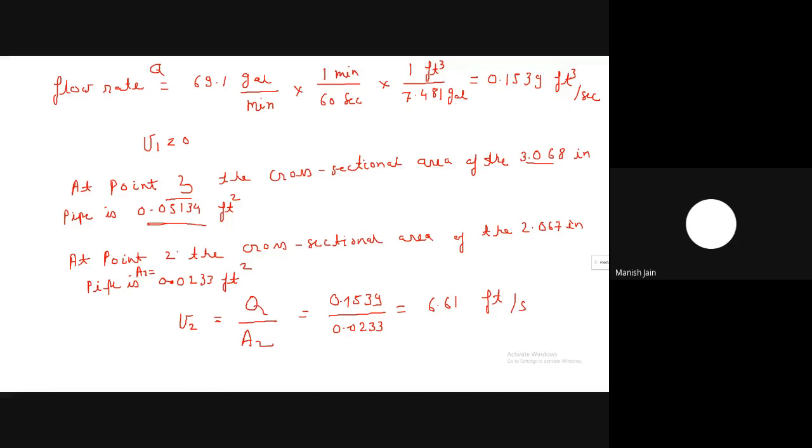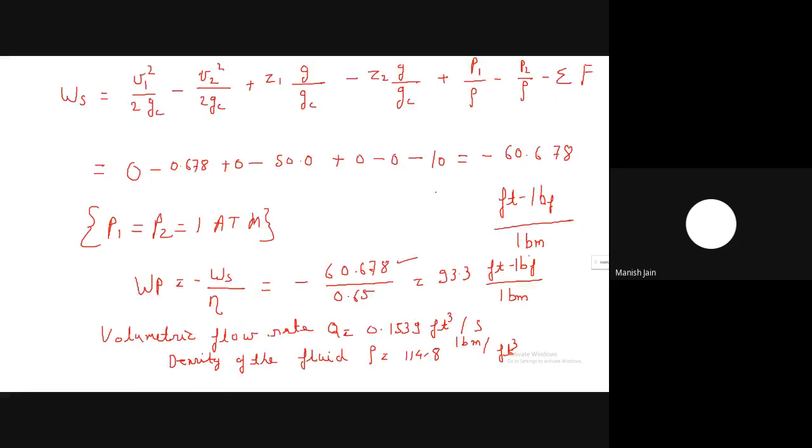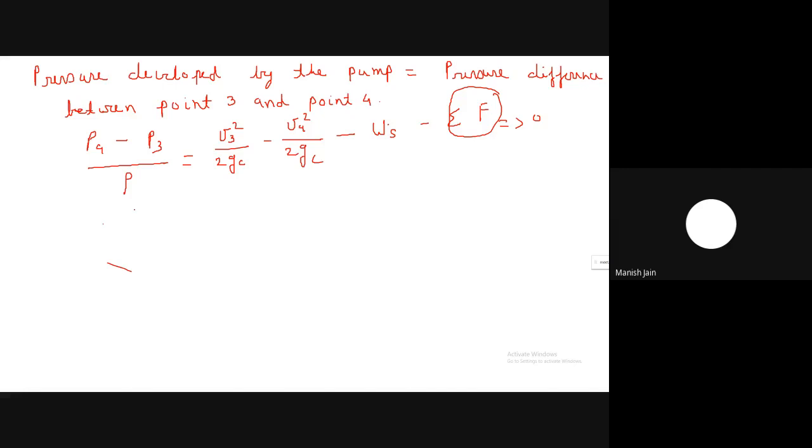At point 4, the cross sectional area is 0.0233. The volumetric flow rate Q is 0.1539. So V3 equals Q divided by A3.